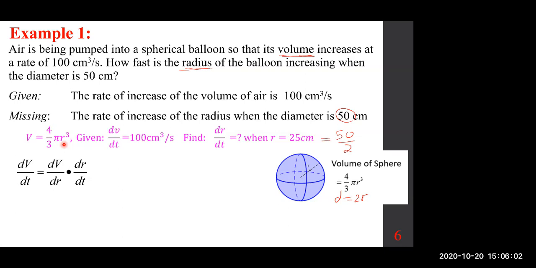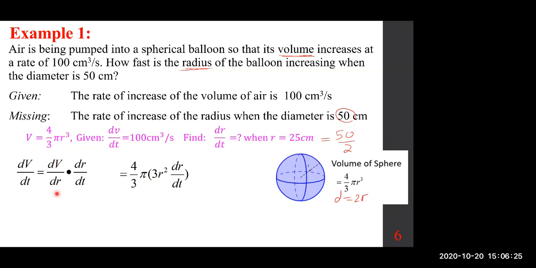Now let's see what dV/dr is. First of all, 4/3 pi is just a number. Then r cubed gives you 3r squared, and then dr/dt. The portion without the dr/dt is dV/dr.